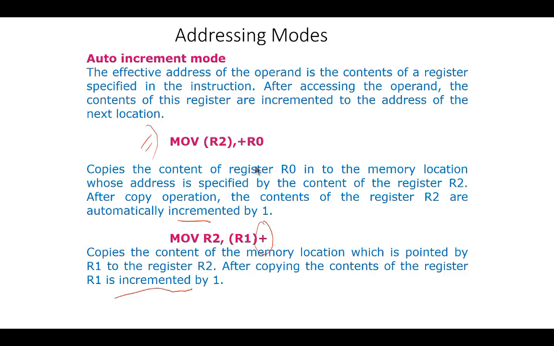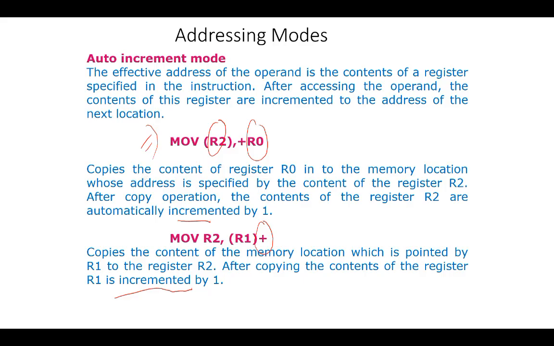First, the thing done in this auto increment mode is that it copies the content from the source register, and sends it to the memory location whose address is the content of the register r2.